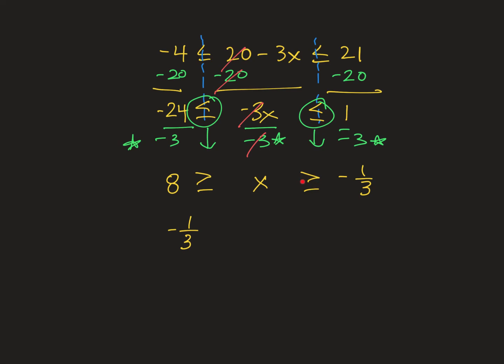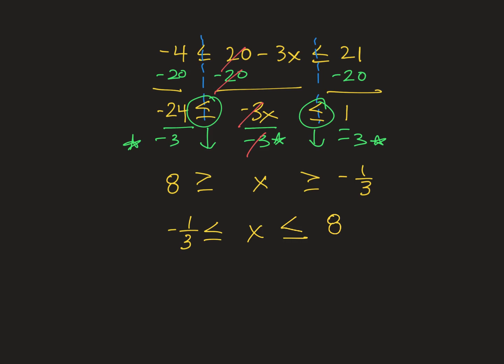So here, this greater than or equal to mirror imaged is going to go back to being less than or equal to. X happens to stay in the middle. This greater than or equal to, when I reverse, becomes less than or equal to. And then I finish off with that 8.